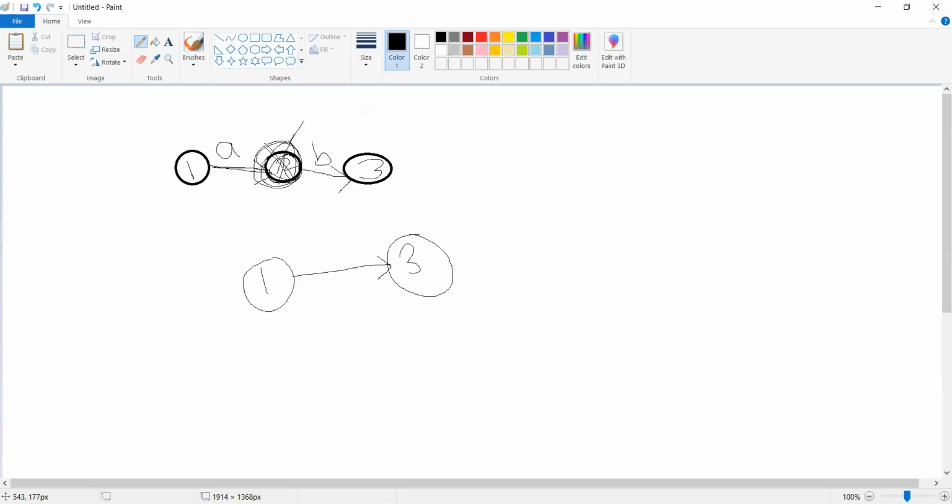For this state 2, I have only one incoming transition and only one outgoing transition. Hence we need to concatenate each and every incoming transition with each and every outgoing transition. Let me take one small example.